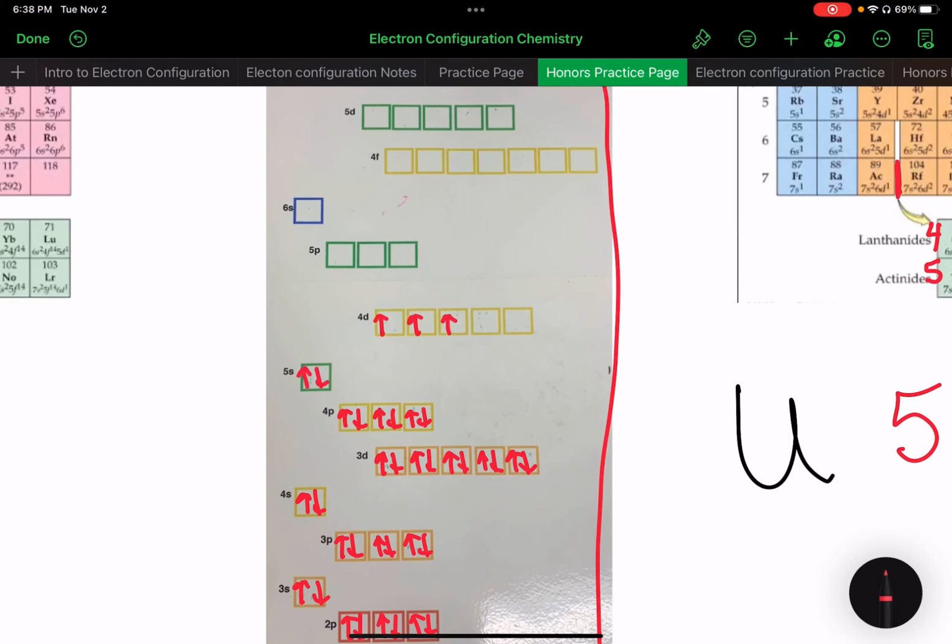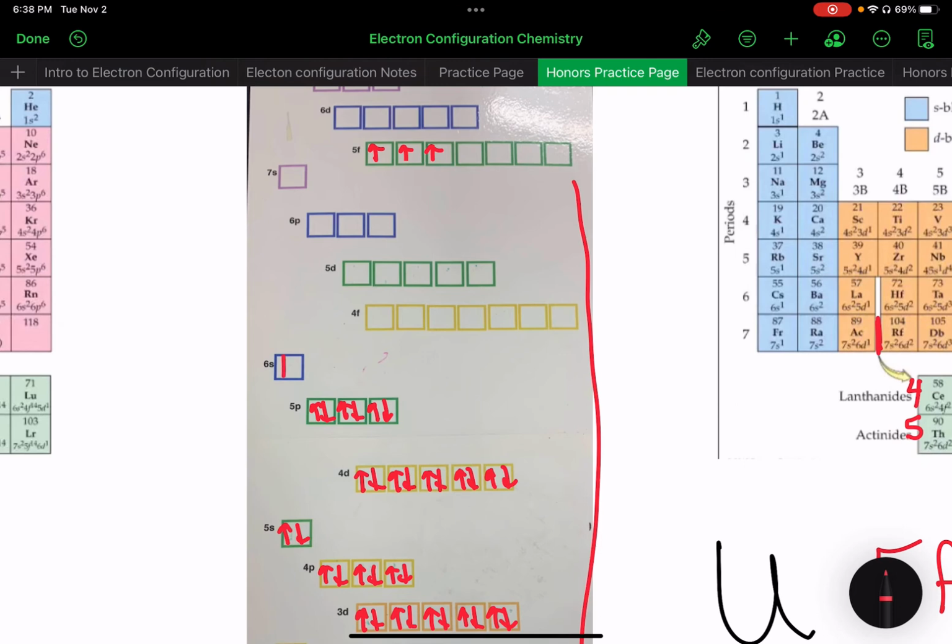Oop, almost there. Come on, keep going. Almost. Keep going. We're almost there. Keep going. Almost there. Ah, there we go. We got all our arrows in.